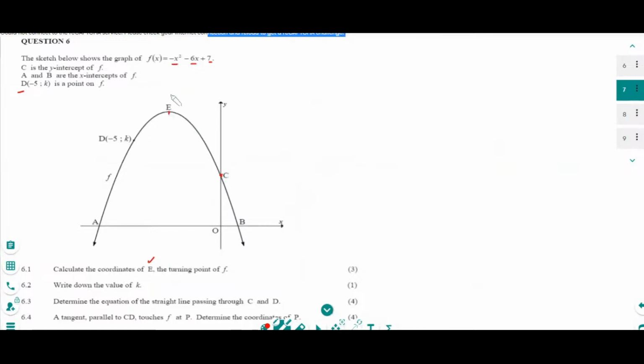For as long as the parabola is in this sort of format, to get the turning point we shall use -b over 2a. In this case, our b is -6, so -6 over 2, and our a is -1. Simplifying that, I'll end up with -3. That is the x coordinate of the turning point.